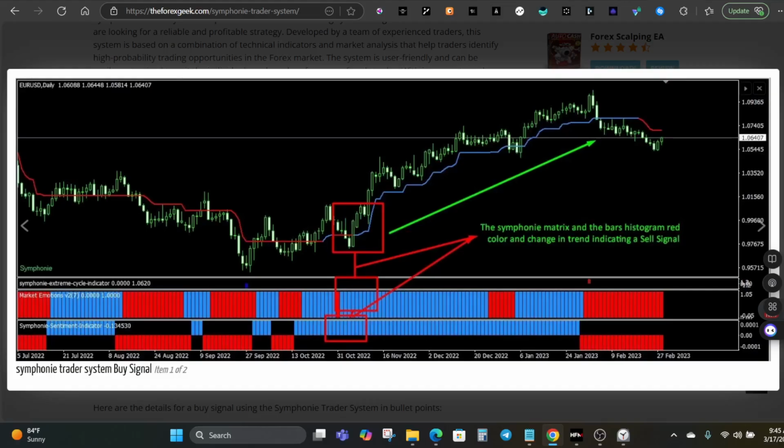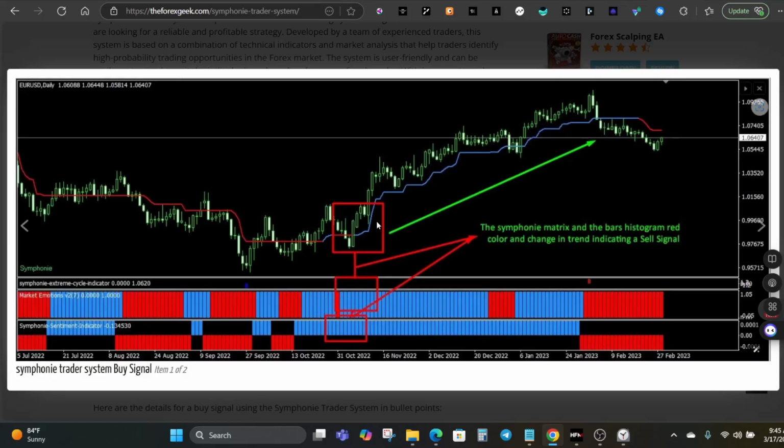You can see that the Symphonie Trader System makes use of the Symphonie Extreme Cycle indicator, the Symphonie Sentiment indicator, and the Symphonie matrix, where you should be looking out for momentum confirmations.